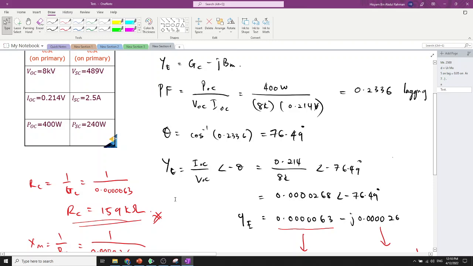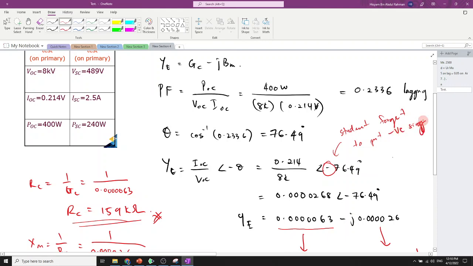Okay, the trick, ataupun the ramai, many of the students make a mistake here. Students forget to put negative sign.